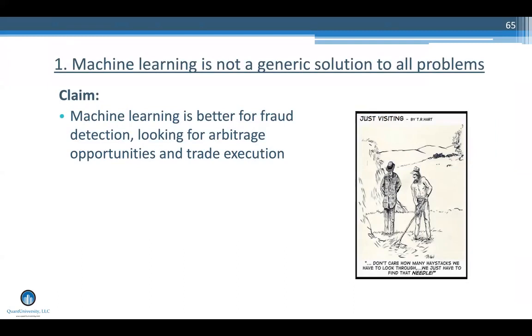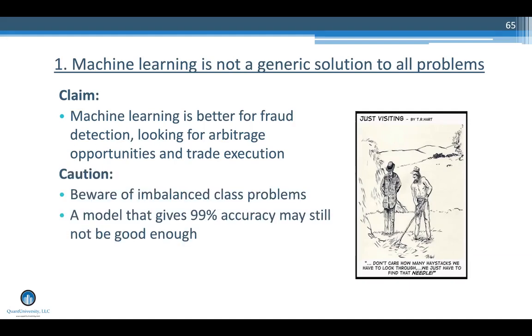There are only certain classes of problems where machine learning has shown value, and you should not be thinking about using machine learning as a hammer and finding out which nails to attack. Because there could be imbalanced class problems, and you could potentially have certain problems wherein you do not have the right kinds of data sets. And in those particular cases, machine learning is not going to be of much value to you.